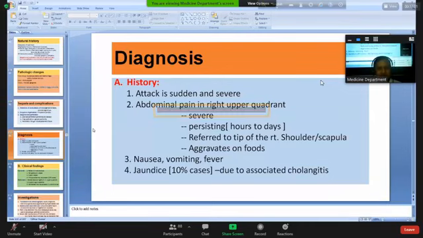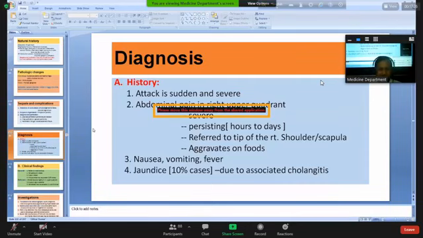How can we make the diagnosis? Definitely, diagnosis is based on history, physical examination, and investigation. In the history, we can observe there is a sudden attack of pain, in contrast to chronic cholecystitis.